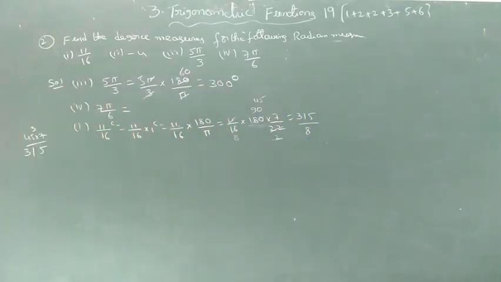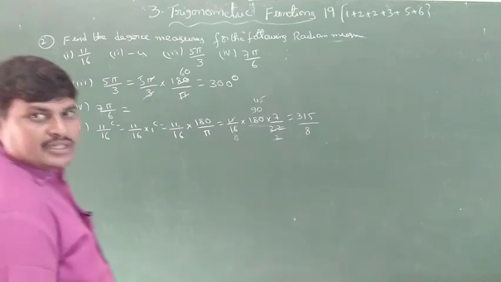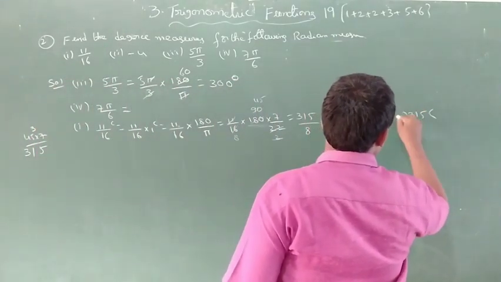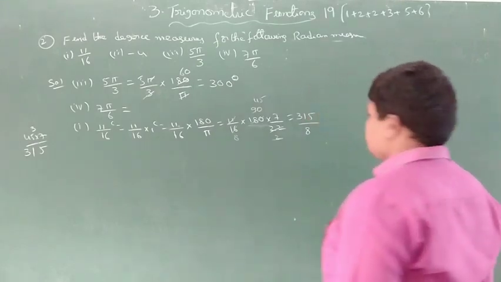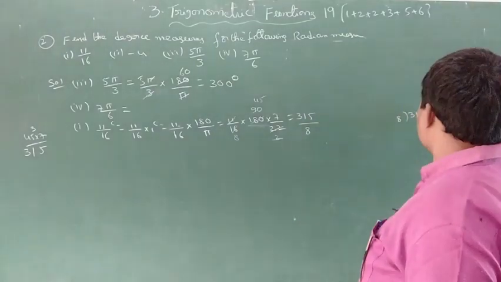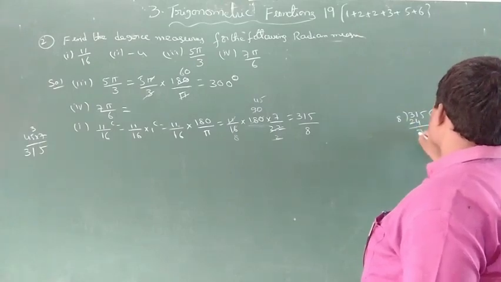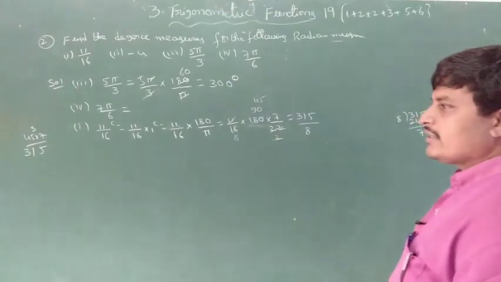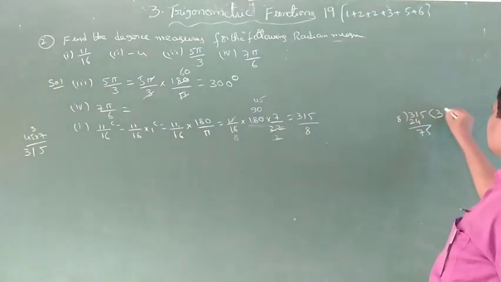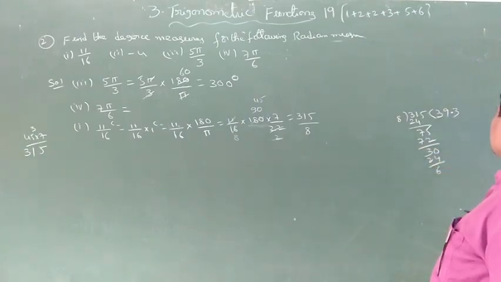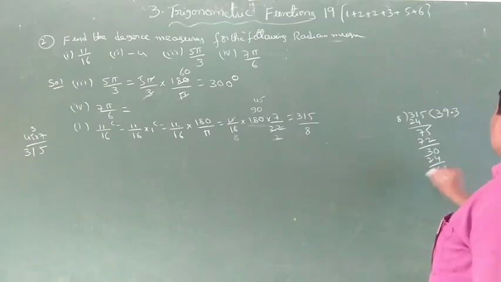Now divide 315 by 8. 8 4s 32, 8 3s 24, 24, 7 5, 8 9s 72, 3.0, 8 3s 24, 6 and 0.